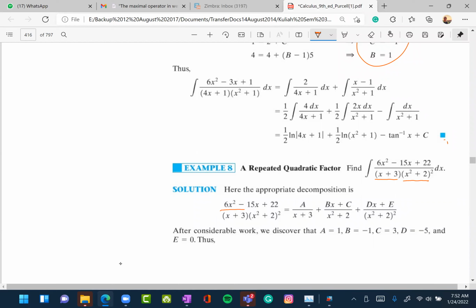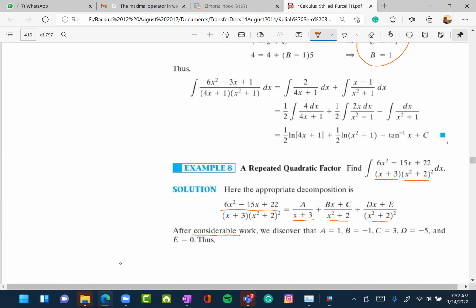Okay, so you see, this is linear. This is quadratic. This is quadratic repeated. So you get this a because this is linear. Then this should be a linear one, so bx plus c. And here is quadratic, so you have to put a linear here, so dx plus e. There we go.